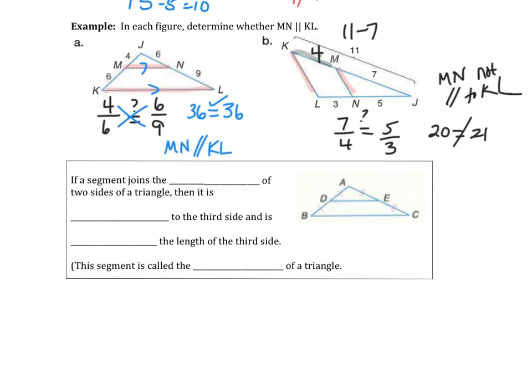If a segment joins the midpoints of two sides of a triangle, then it is parallel to the third side, and it is half the length of the third side. This segment is called the mid-segment of a triangle.